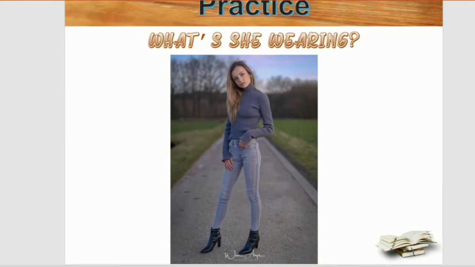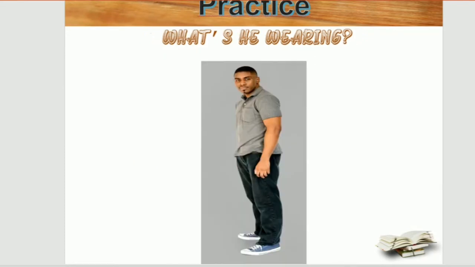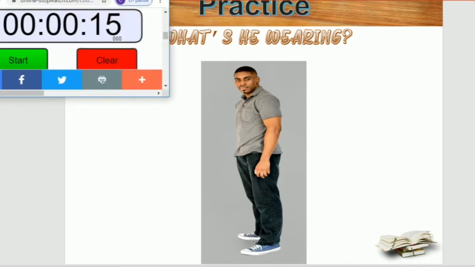Alright, we finished with this 15 seconds. Alright, now let's move on to the next picture. There we have a man. Ready to describe him at the count of 1, 2, and 3. Go.